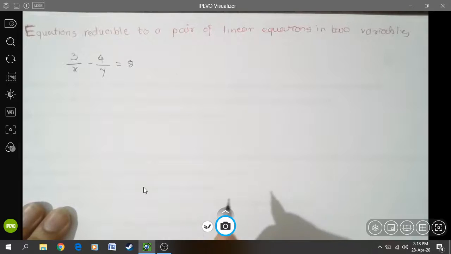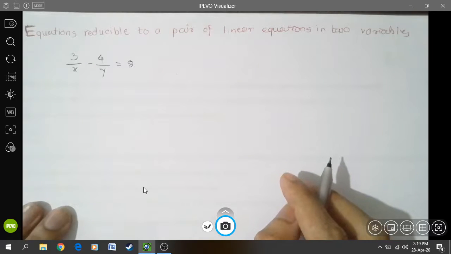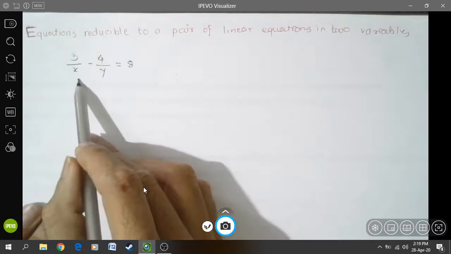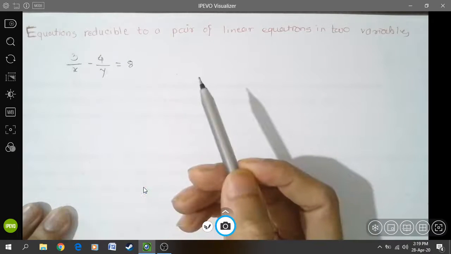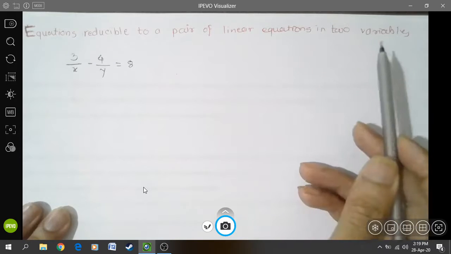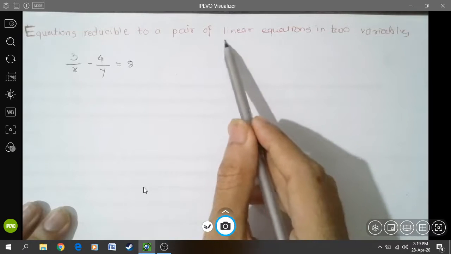This is also an equation, but can you tell whether it is a linear equation or not? We can see there are two variables x and y, so we can call it an equation in two variables. But is it linear?